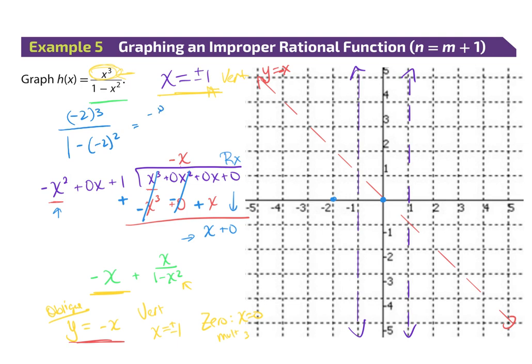Negative 2 cubed is negative 8. 1 minus a negative 2 squared is 1 minus 4. So negative 8 over negative 3. That's going to give me positive 2 something, right? So positive 2 something is going to be up here.